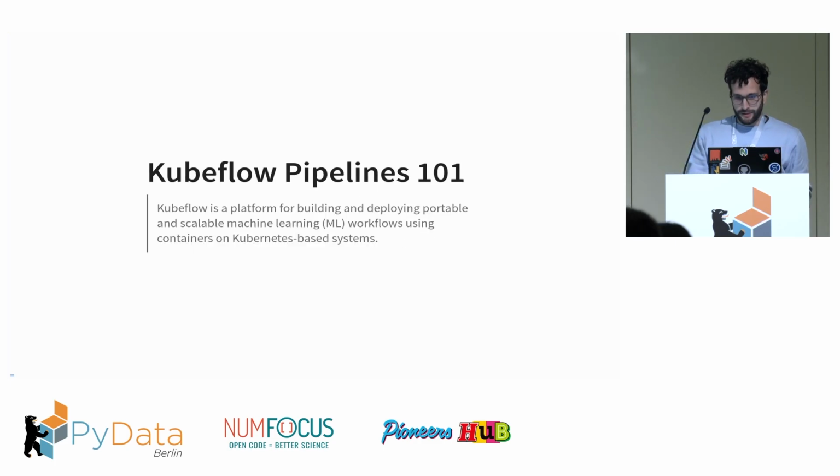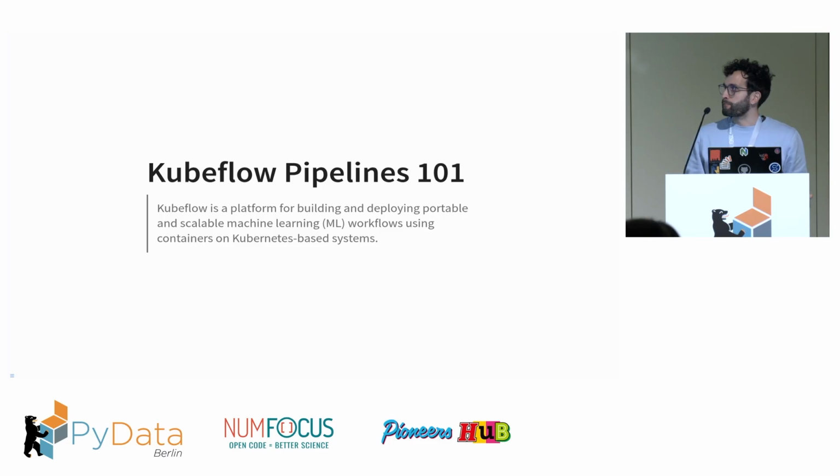Kubeflow is kind of an umbrella project that hosts many other sub-projects. One of those sub-projects is Kubeflow pipelines. The Kube part, as you might imagine, is related to Kubernetes, because this whole framework is oriented to have pieces that run well on Kubernetes.